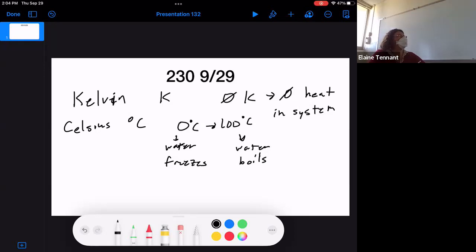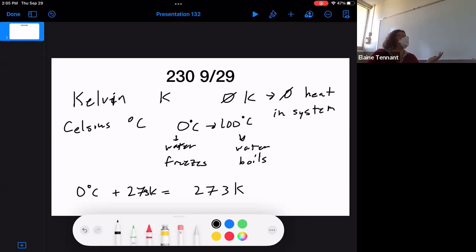How do you convert between Celsius and Kelvin? Okay, a little bit louder. All right, so if you have 0 degrees Celsius and you add 273 Kelvin, you're at 273 Kelvin.